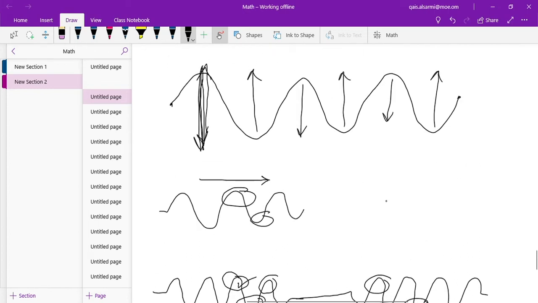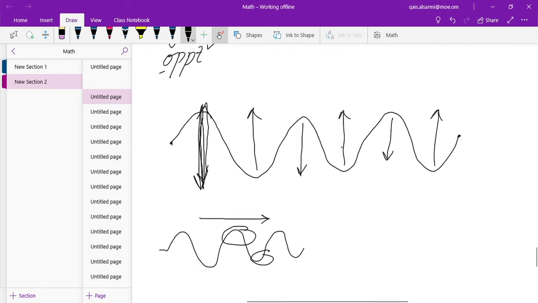For example, if you go back to this picture, this point, this one, these are the points which will have zero displacement.